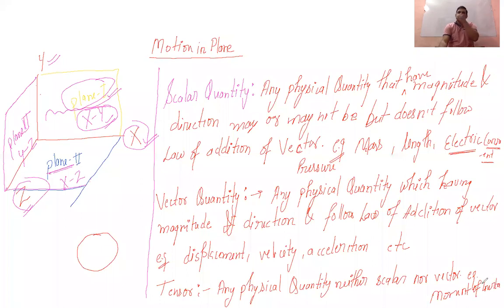So this is all about categorizing. Now we'll discuss the vector quantity, how vector is represented, and what are basically the different kinds of vector.